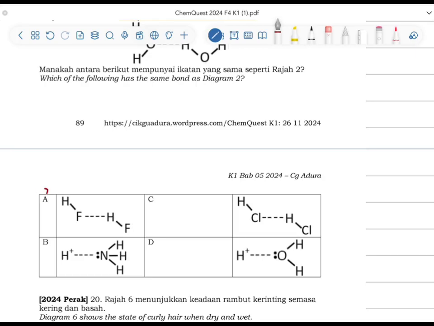So the answer would be A, where this hydrogen is bonded to a highly electronegative atom, which is the F, and this hydrogen is bonded also to another highly electronegative atom.